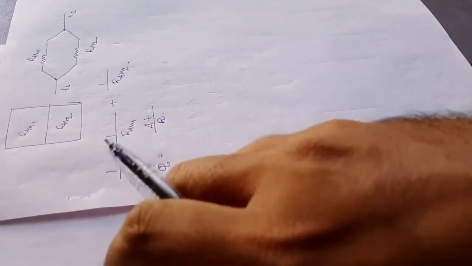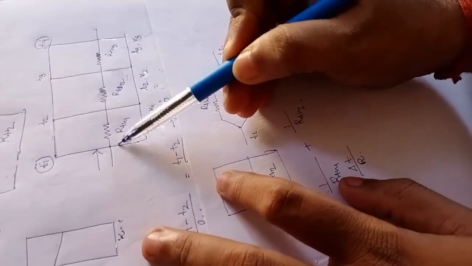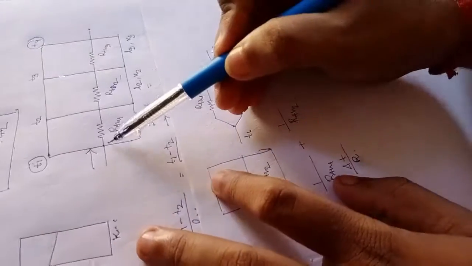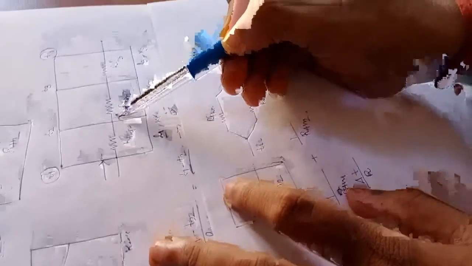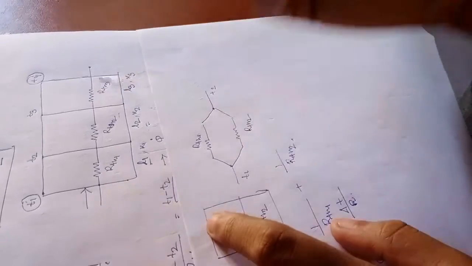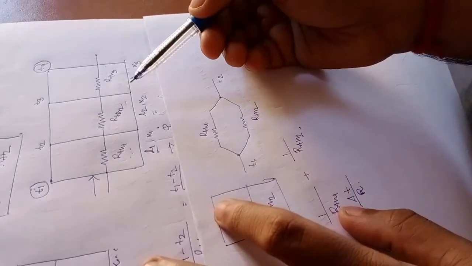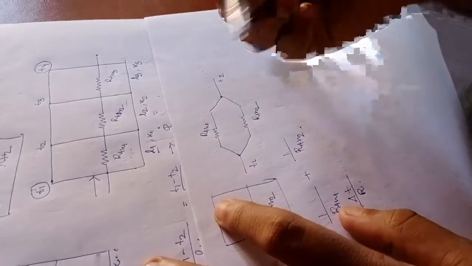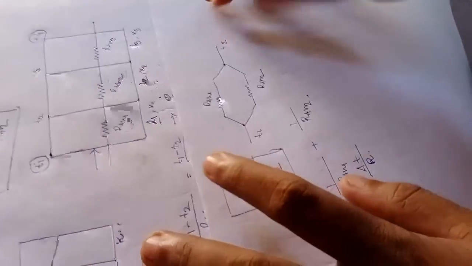So if this is a composite section, then we will use this. In the first case, if the bars are in series, then R will be the summation of all the individual resistances.